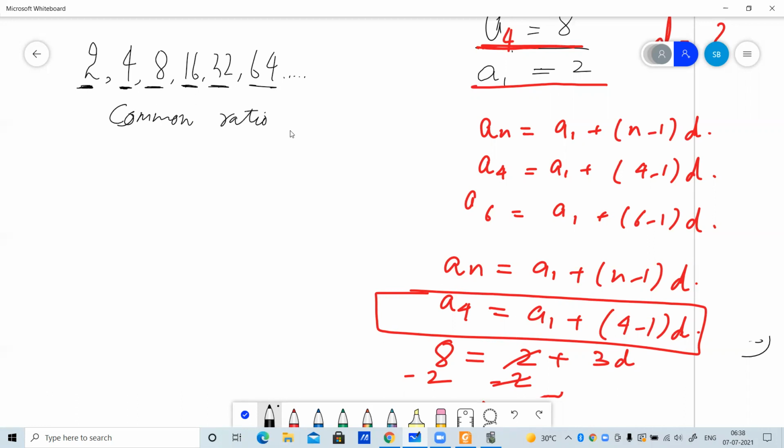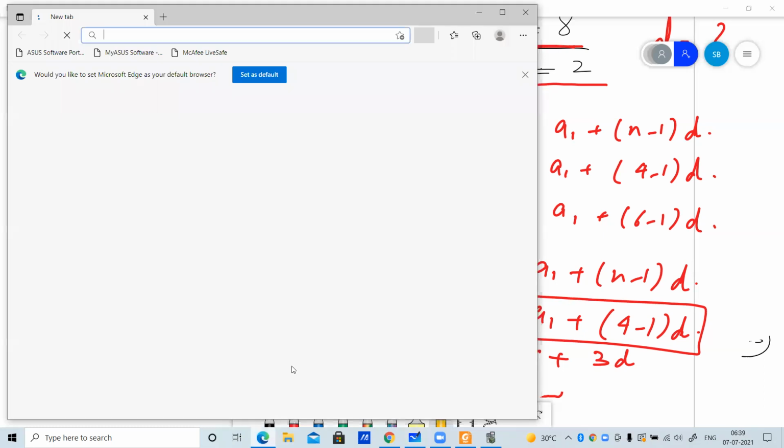So wherever there is a common ratio, you'll be having that as a geometric sequence.